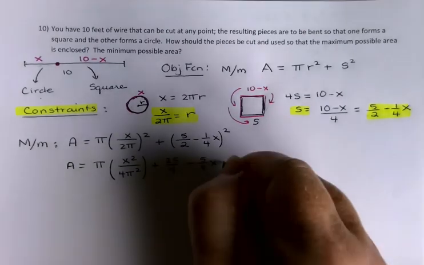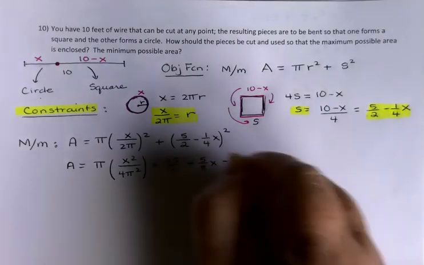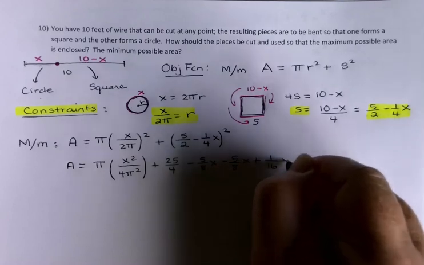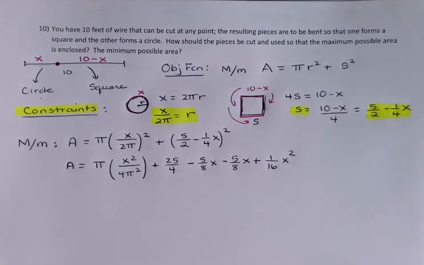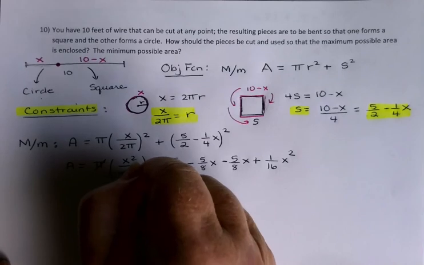And then, of course, the outers would give me another 5/8 x, negative, both of them, plus 1/16 x squared. Could have used a chain rule on the derivative instead, but I'm just choosing to multiply out this time. One of those pi's will cancel.